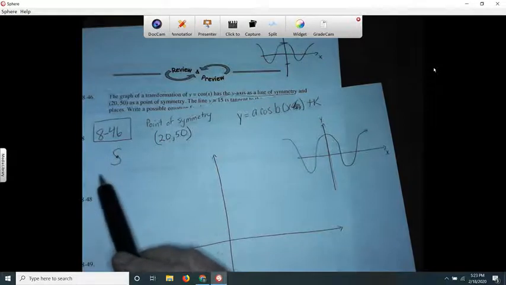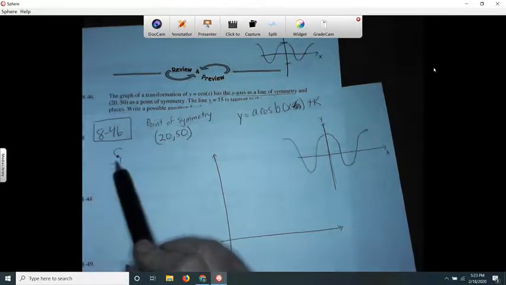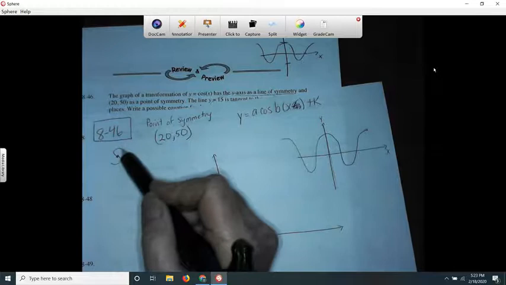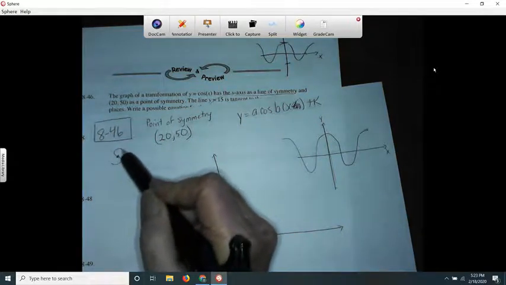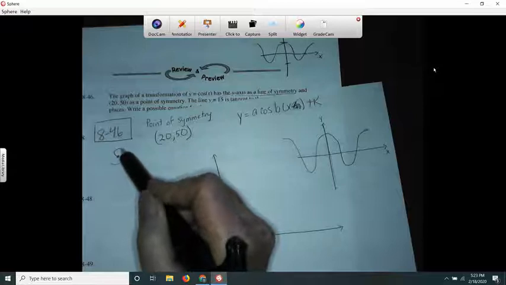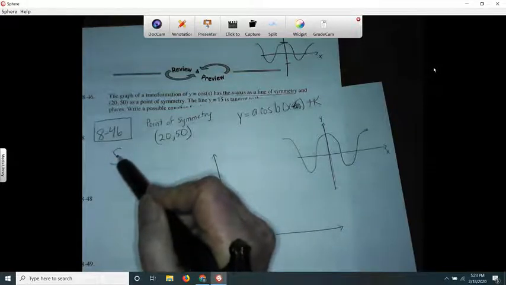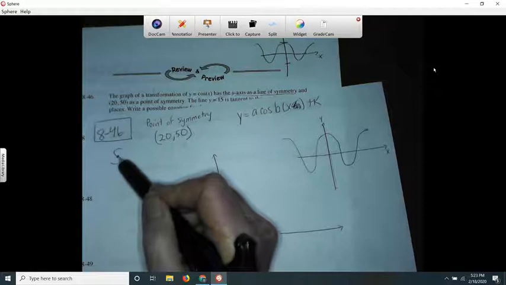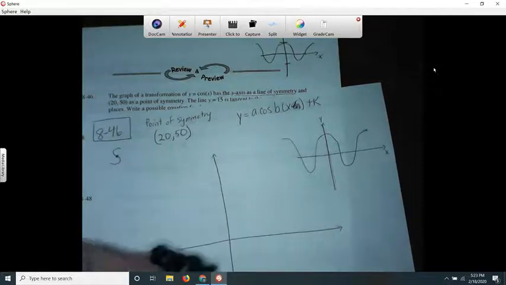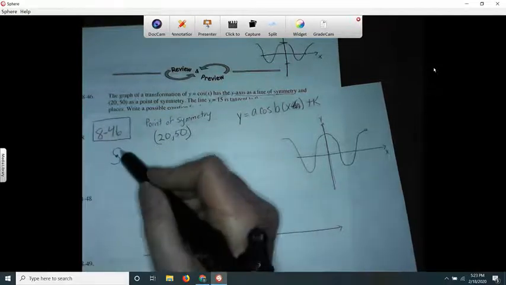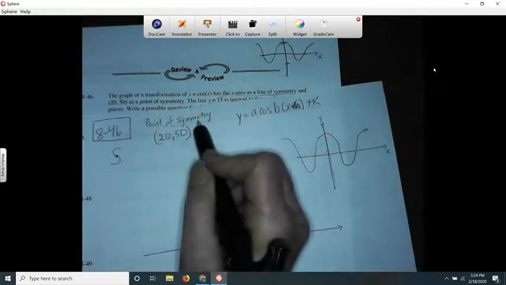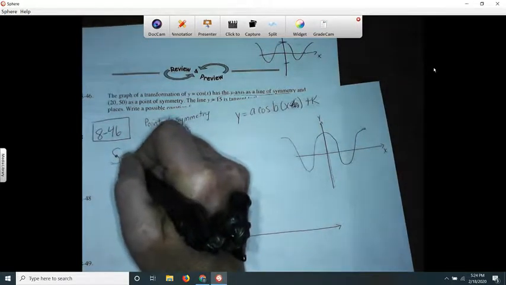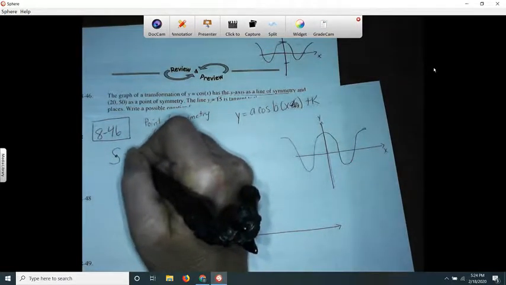I can't remember the exact definition that they gave me, but it was something like all these points on this side of the graph are the same distance away from my point of symmetry as all these ones, but the direction is reversed. So there's a reversal of the direction when you have a point of symmetry. Like let's take the letters. They like to use letters of the alphabet.